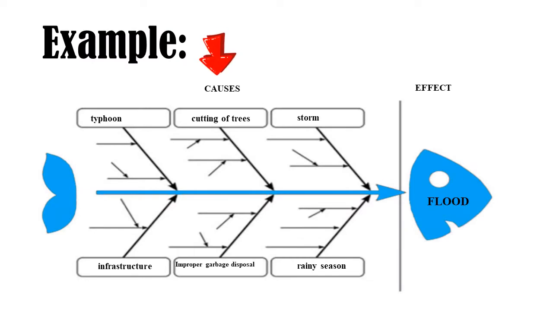Example. Causes: typhoon, cutting of trees, storm, infrastructure, improper garbage disposal, and rainy season. And the effect of these causes is flood.